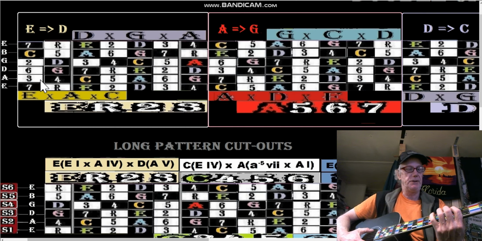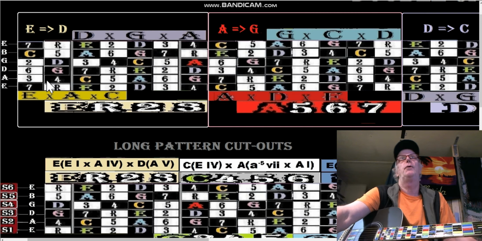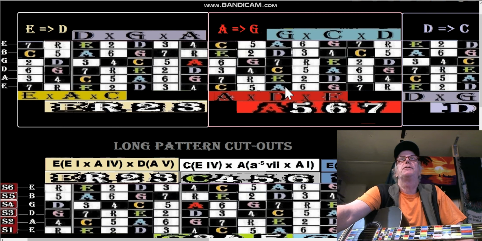Remember with the long patterns and pentatonic shapes, root 2, 3, you get that whole thing. The 5, 6 is you take the inners, and with the 4, 5, 6 Lydian, you take the outers.